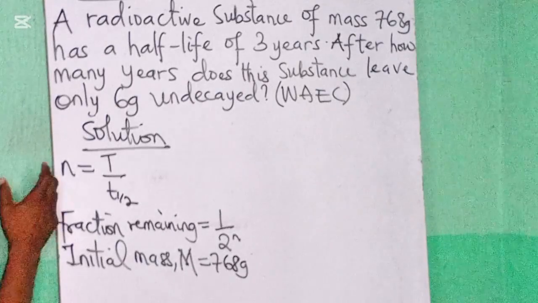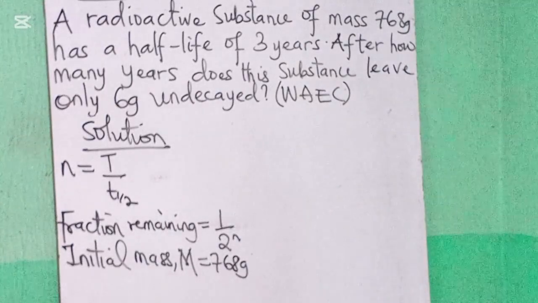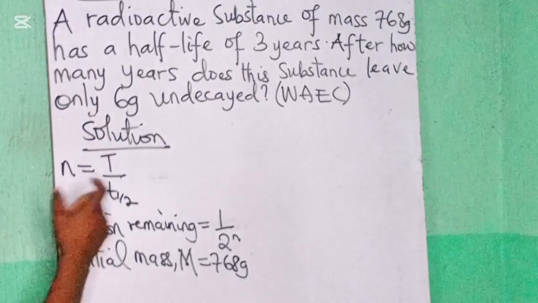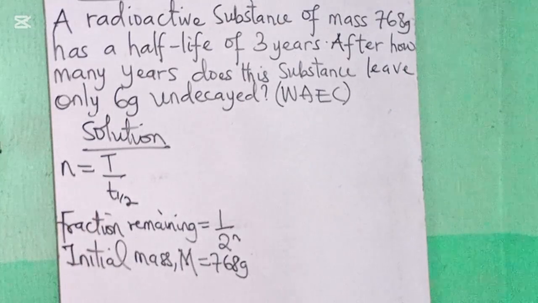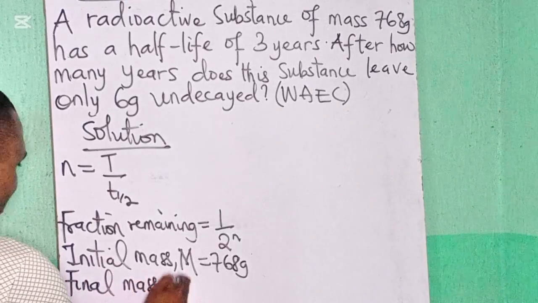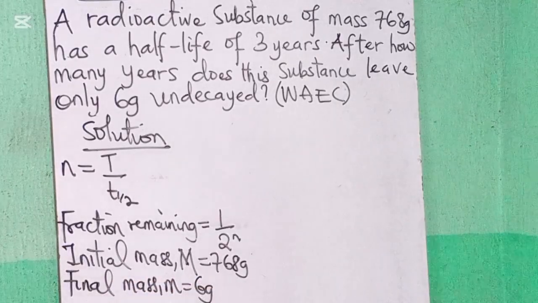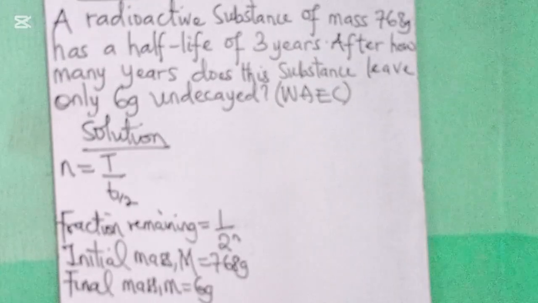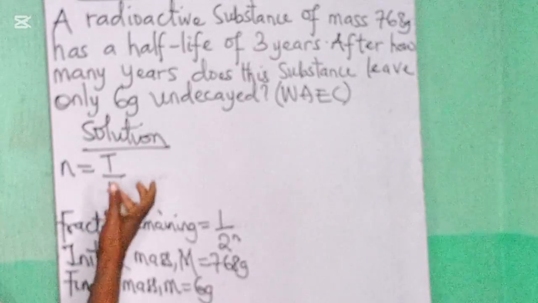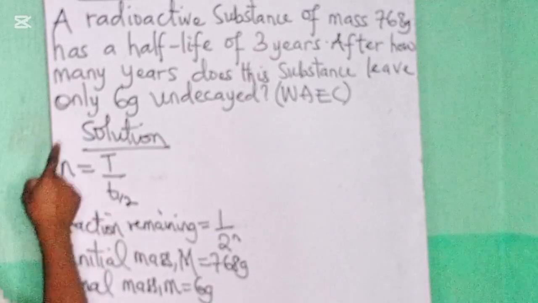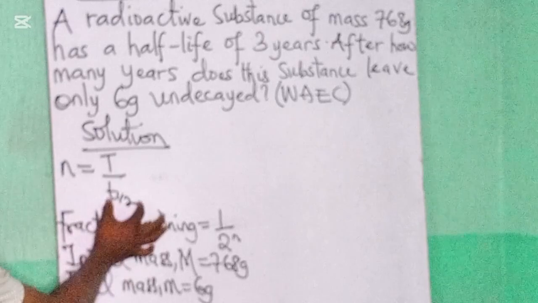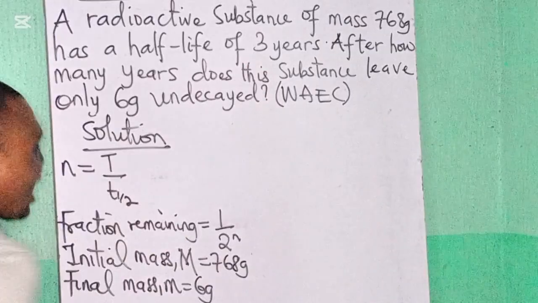By the time the radioactive substance has undergone some process of decay, we are left with 6 gram, so the final mass, that is small letter m, equals 6 gram. So let us see how we bring in that formula, because we are asked to find after how many years this substance leaves only 6 gram undecayed. So what are we asked to find here? We're asked to find our big T, because our half-life here is given to us as 3 years.